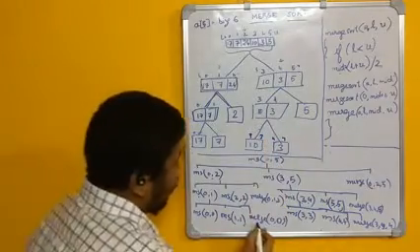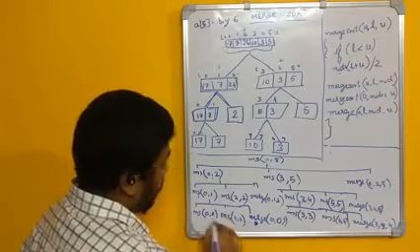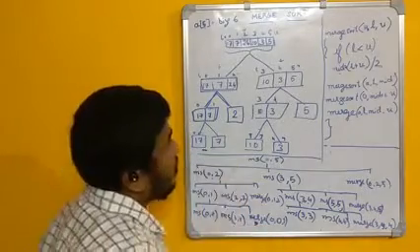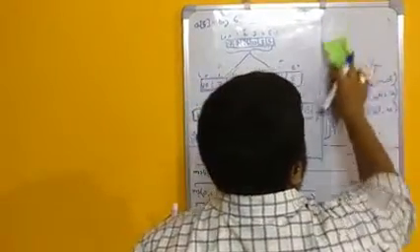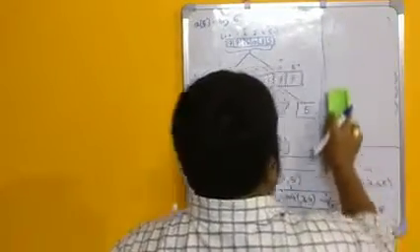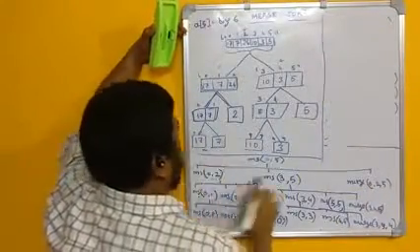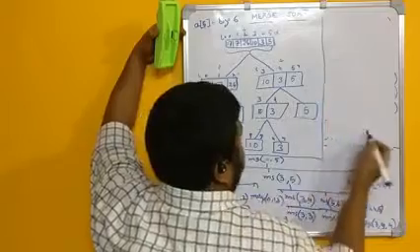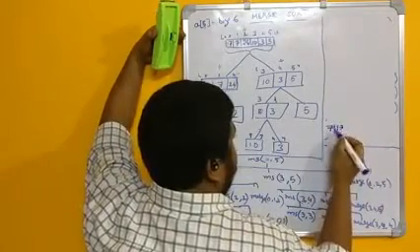Now what happens? Now here we merge, combine. So what happens? It will merge. I will write here. It will merge first 17 and 7 by sorting. So now 7 and 17.